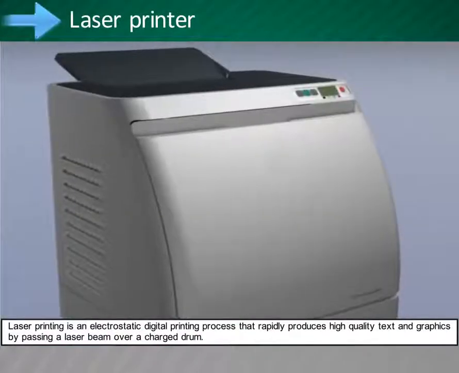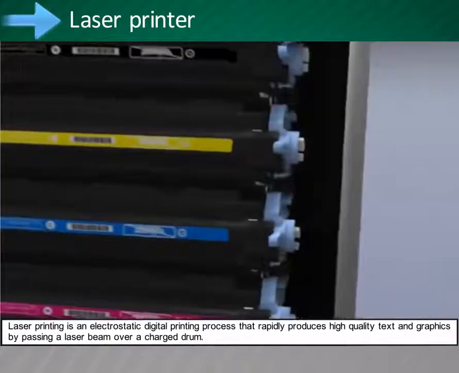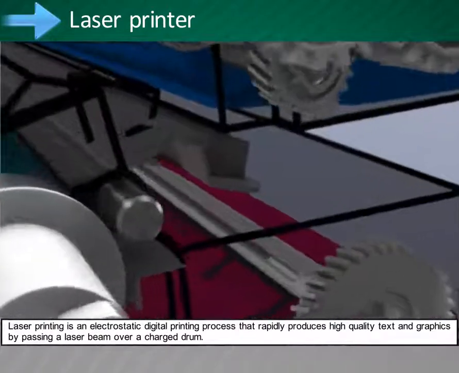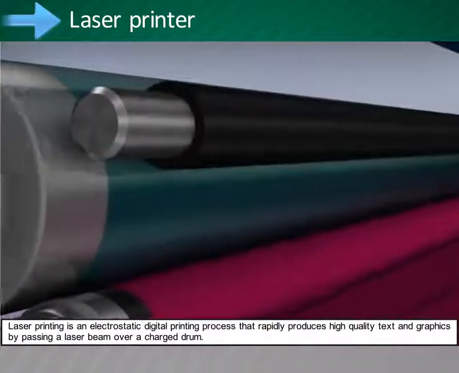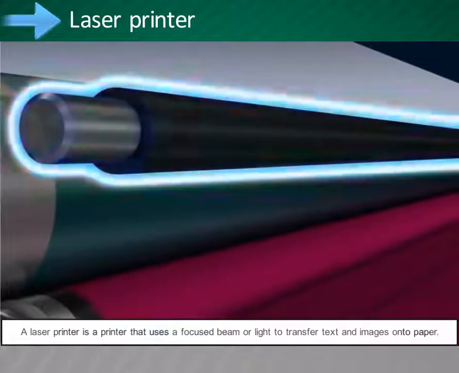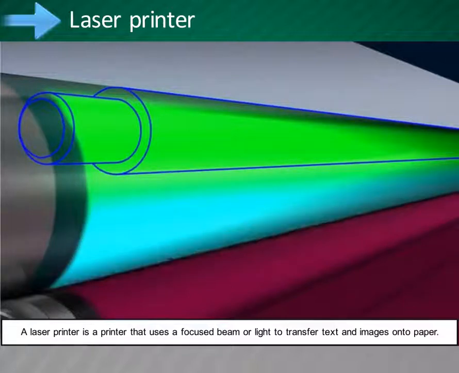Laser printer. Laser printing is an electrostatic digital printing process that rapidly produces high-quality text and graphics by passing a laser beam over a charged drum. A laser printer is a printer that uses a focused beam of light to transfer text and images onto paper.